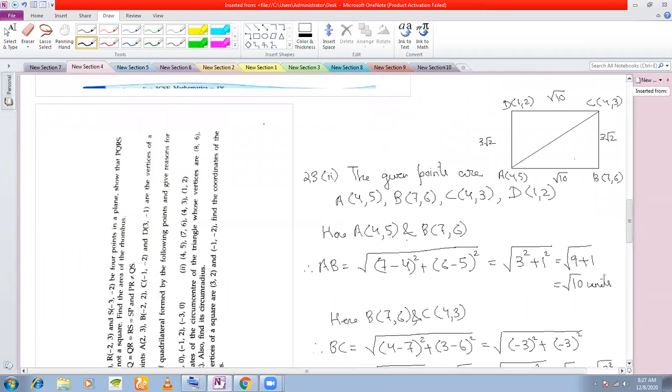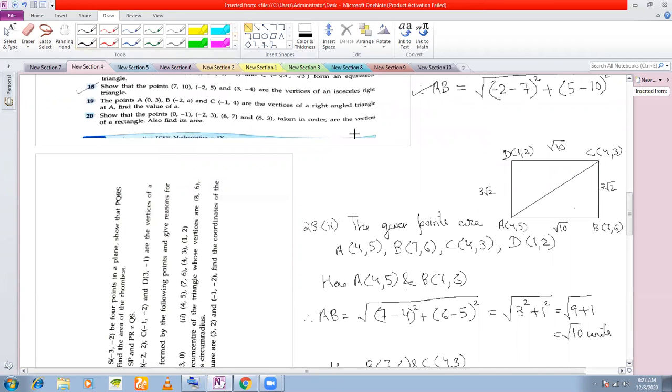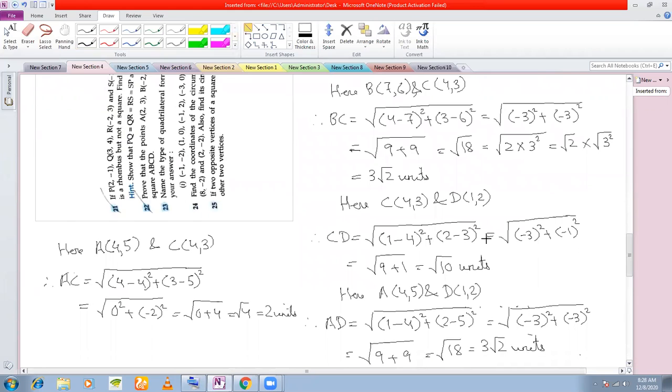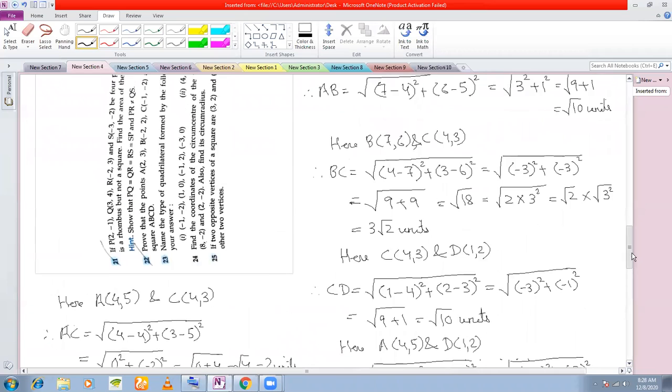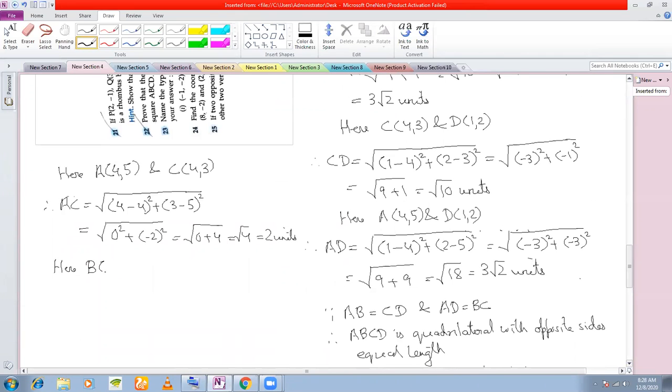Let us now proceed to calculate the diagonal BD. B here is (7,6) and D here is (1,2).